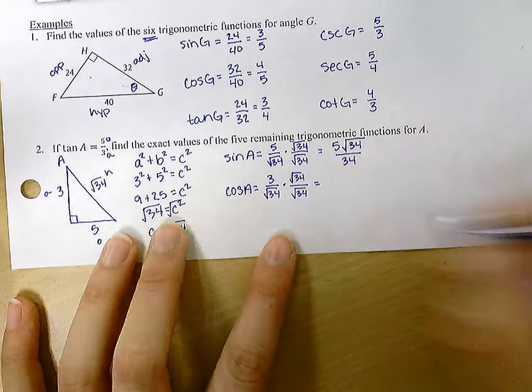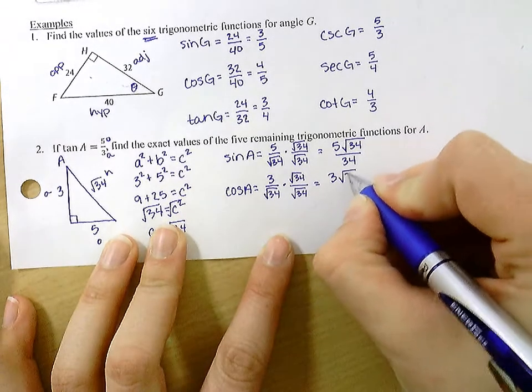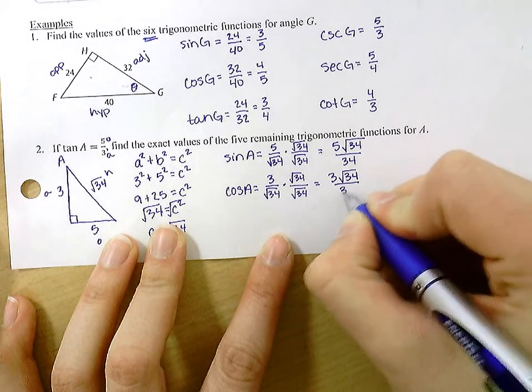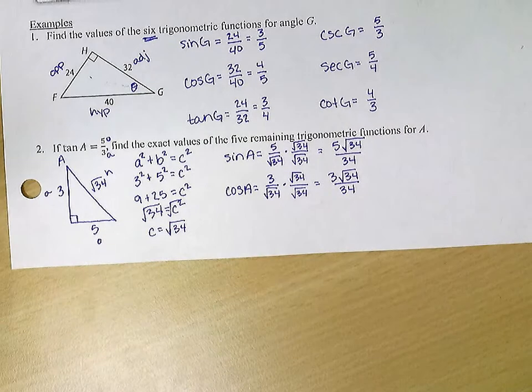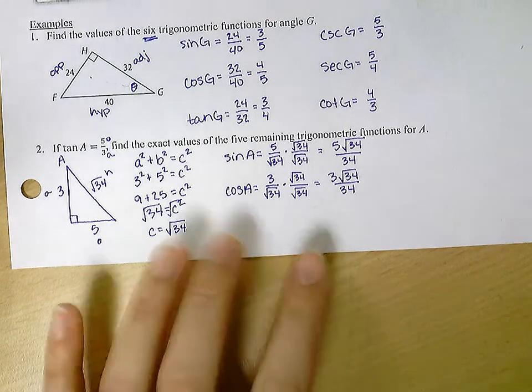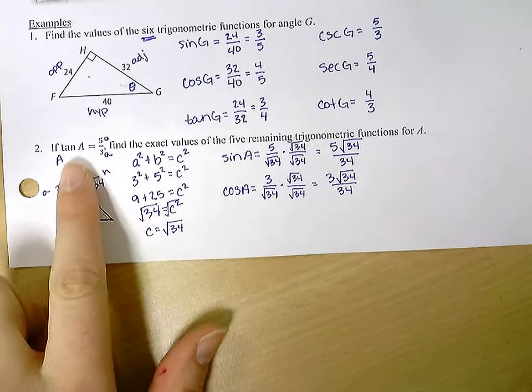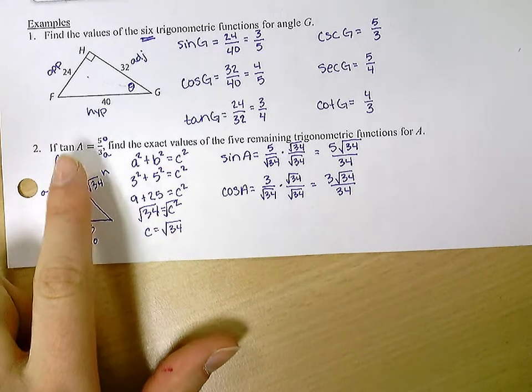Okay, that will be equal to 3 times the square root of 34 over 34. Okay, we already have tangent, so we don't need to find that one.